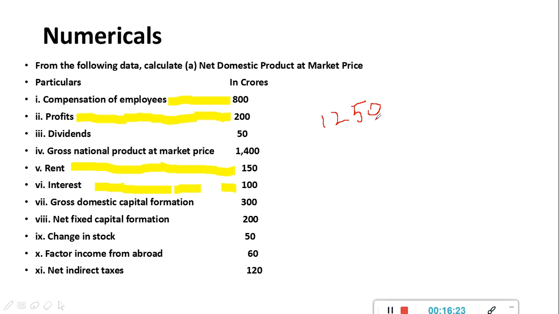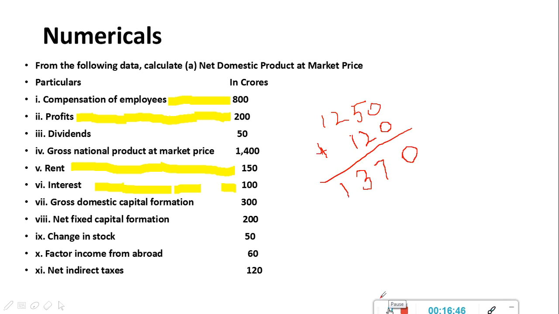But now see the question. What is the question asking about? Net domestic product at market price. According to the formula, what we got is the factor cost. Now from factor cost, we will go to market price and we will add net indirect tax.